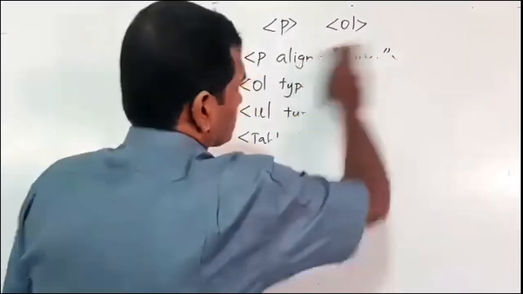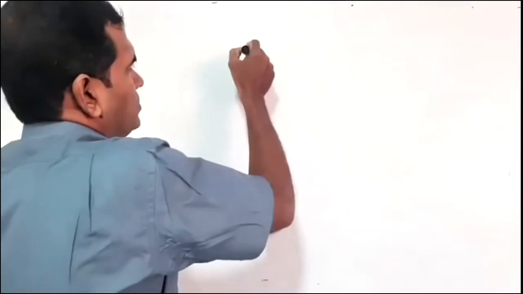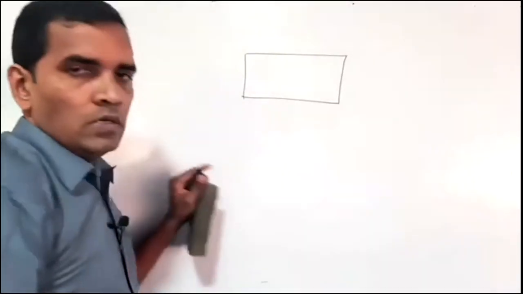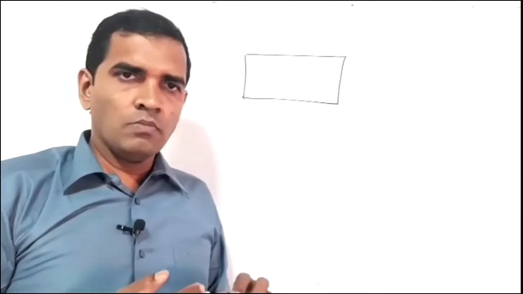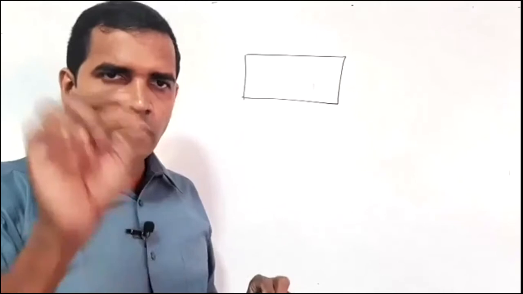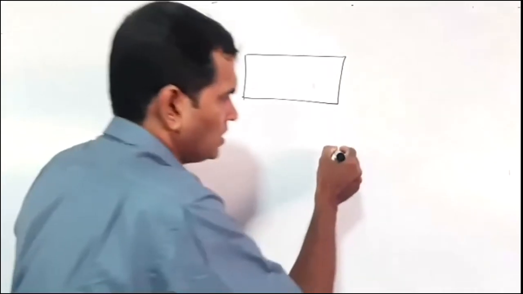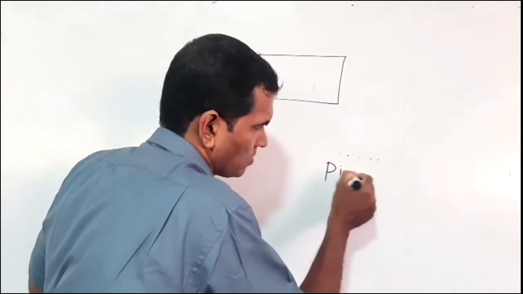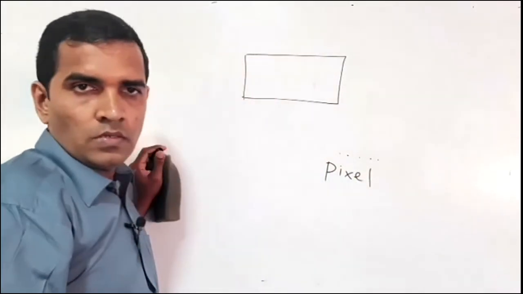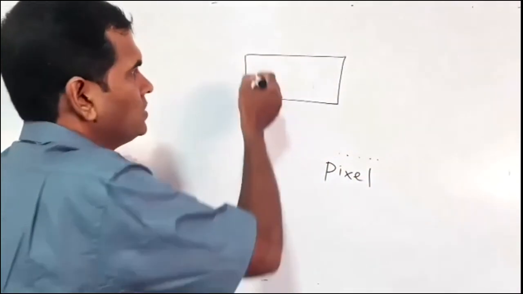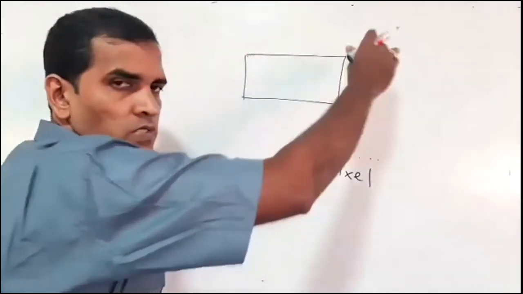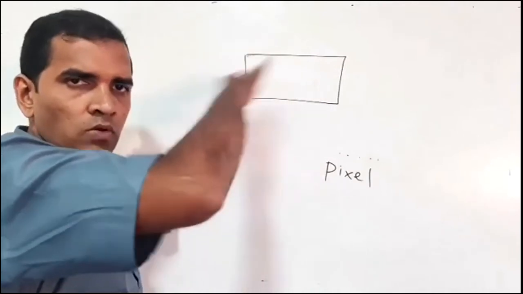Look here, I just want to explain one thing before I apply that. Assume this is a digital image. A digital image is made of small dots called pixels, tiny, very small dots called pixels. So a digital image is made of small dots, arranged horizontally or vertically.